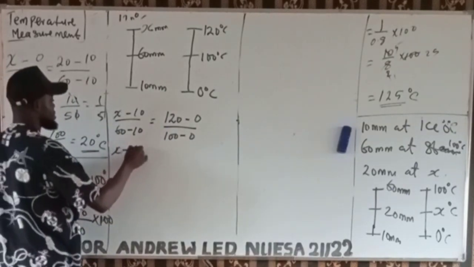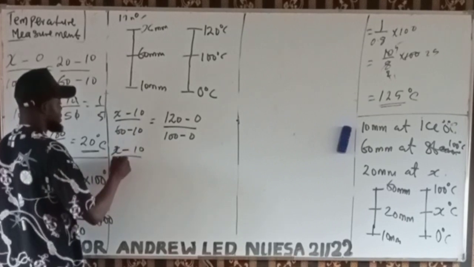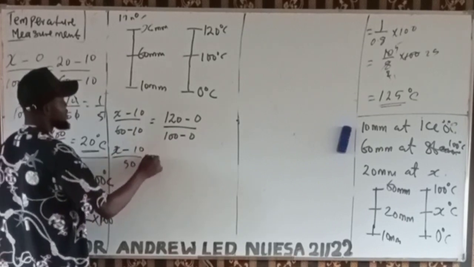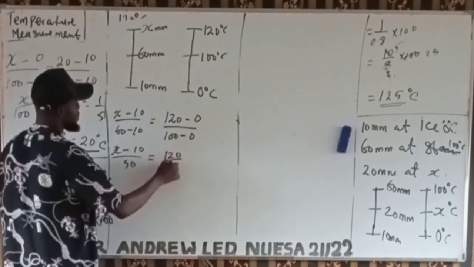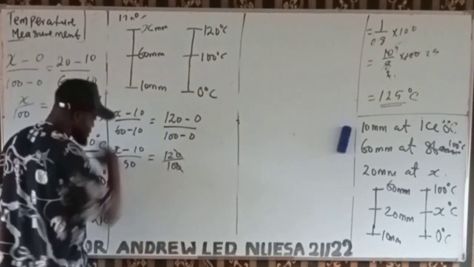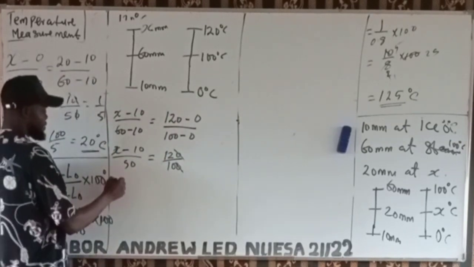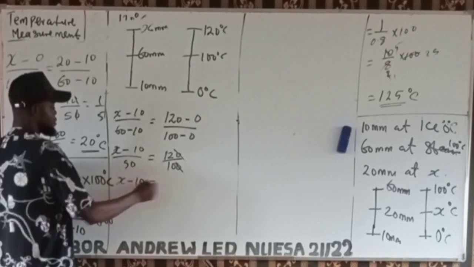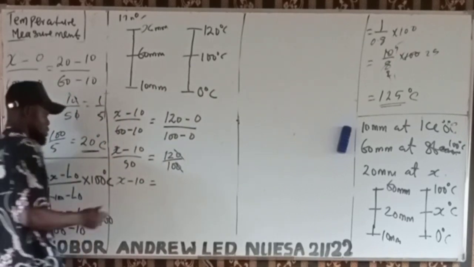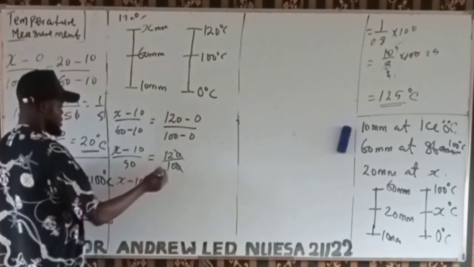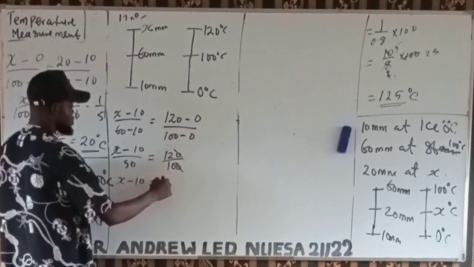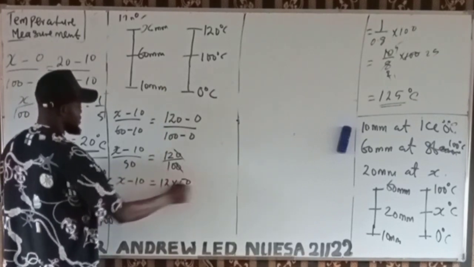Now x minus 10 over 50 equals 120 over 100. The 0 will cancel this, so x minus 10 is equal to 12 times 50 over 10.